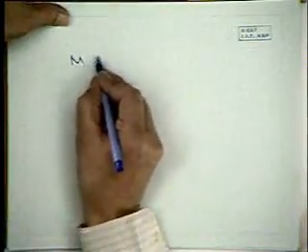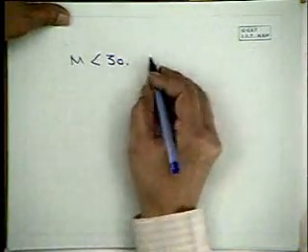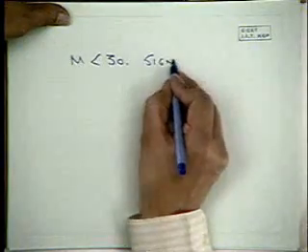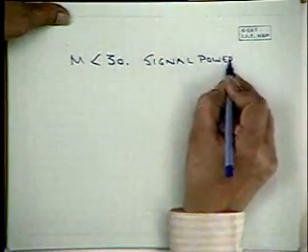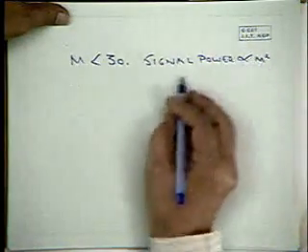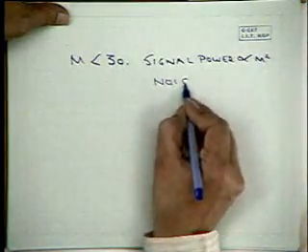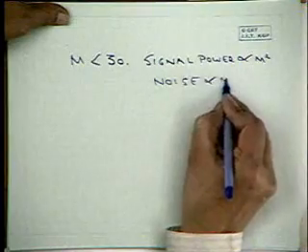So for example, we can show that for m less than 30, signal power goes as m squared, noise goes as m cubed.